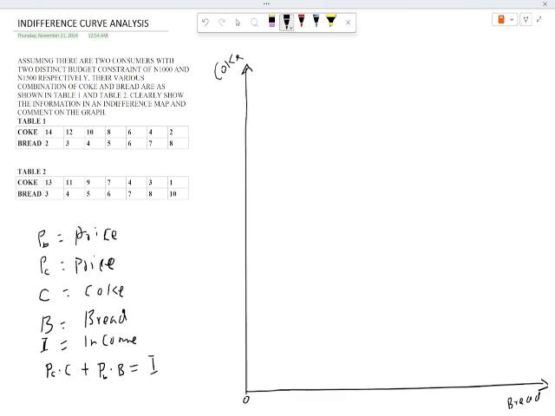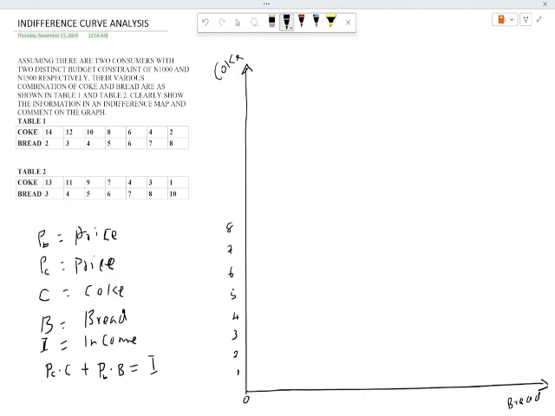Now you can start by numbering. Of course, here will be 0. Try to write the numbers to scale as much as possible, so that at the end of the day your curve will align.